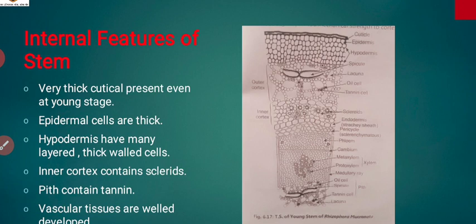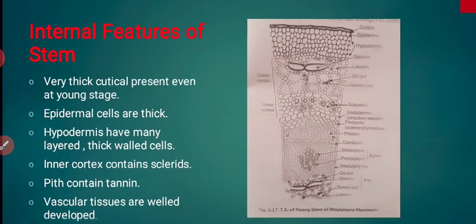Then the outer cortex as well as the inner cortex are present. The outer cortex contains lacunae, oil cells as well as tannin cells, while the inner cortex contains sclereids, and the function of sclereids is to protect and support the plant.